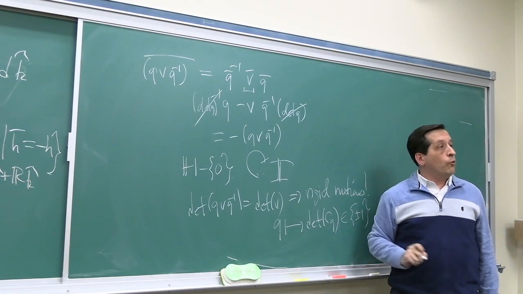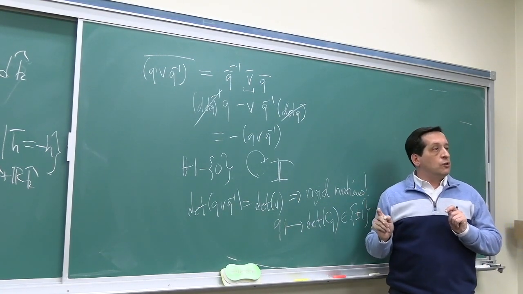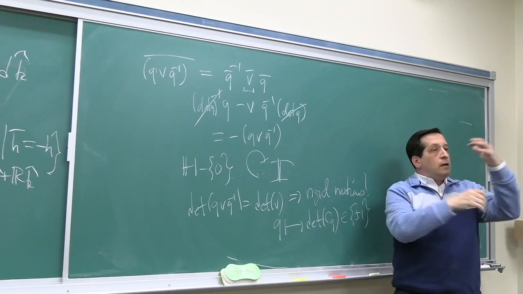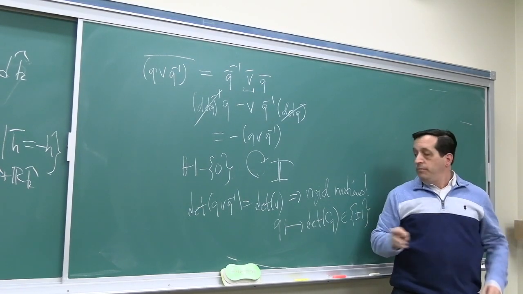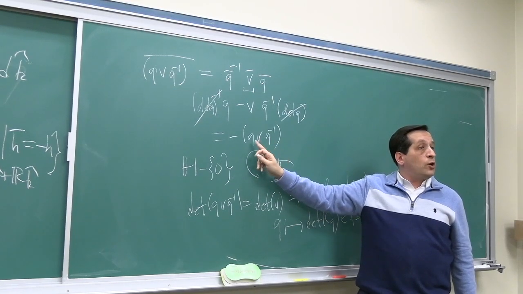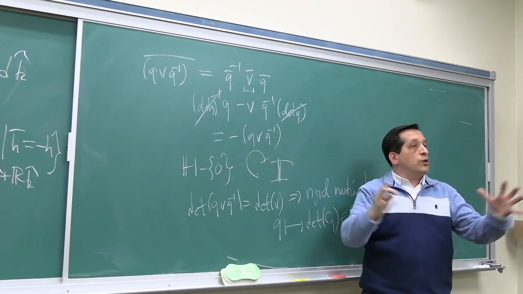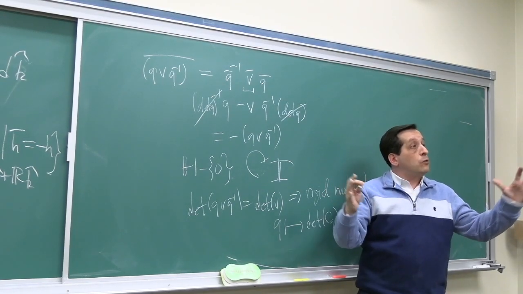So the determinant must always be plus 1. So we always get, in this way, from any non-zero quaternion, an element of SO3. When you do this operation, if you scale the quaternion by a real number, it cancels out. So to get this effect, you could scale the quaternion to be a unit quaternion, to have length 1.